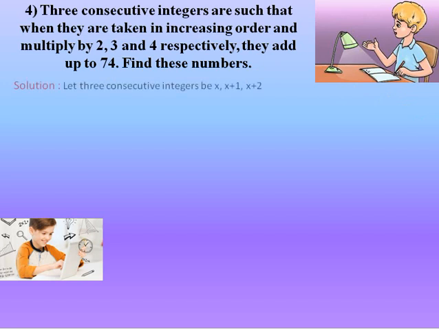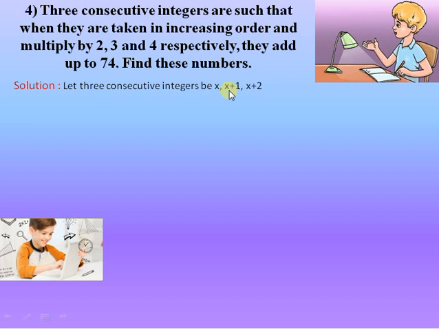For this, let me consider the 3 consecutive integers to be x, x plus 1, x plus 2. How are we going to get the next number when one number is x? Suppose you have 1, 2, 3. How do we get the next number 2? By adding 1 to 1, no? That's why, if I don't know the first number, let that number be x.